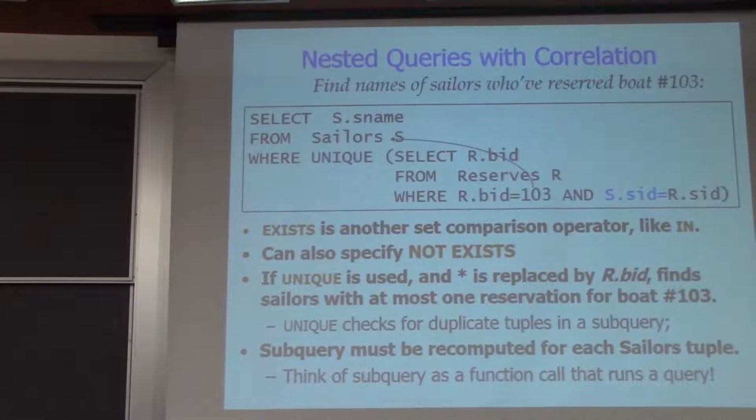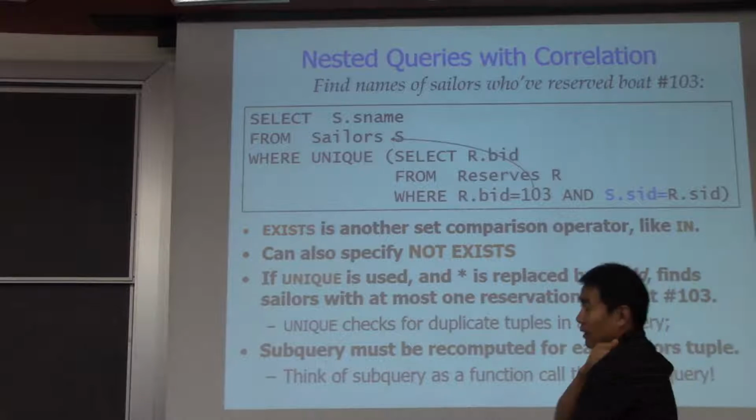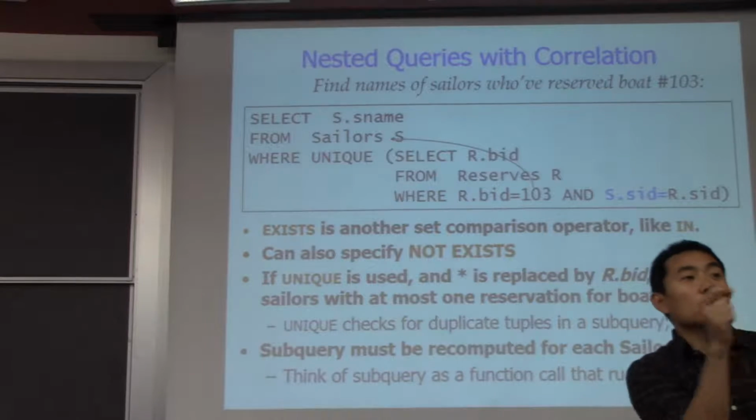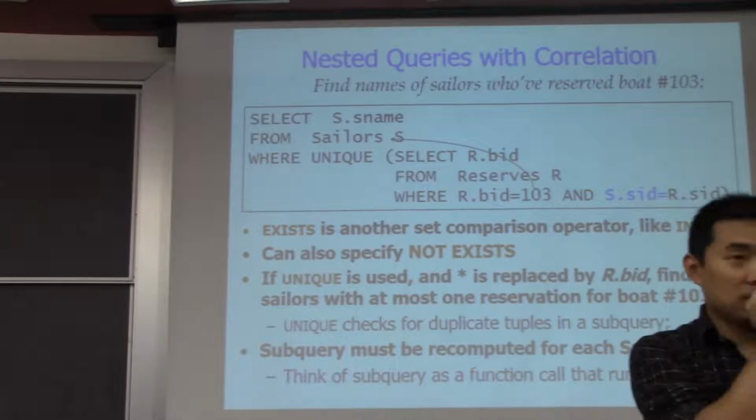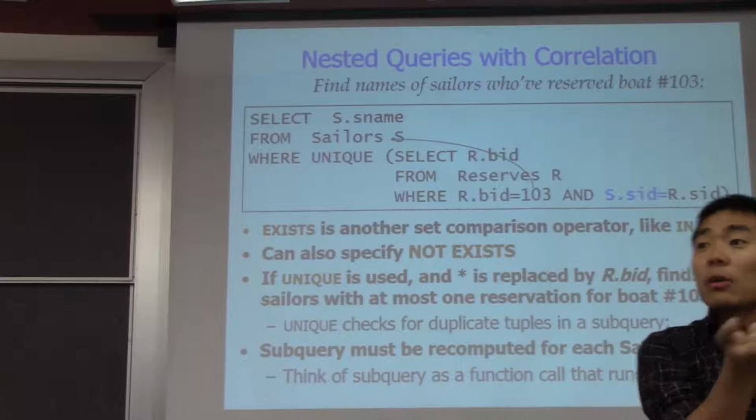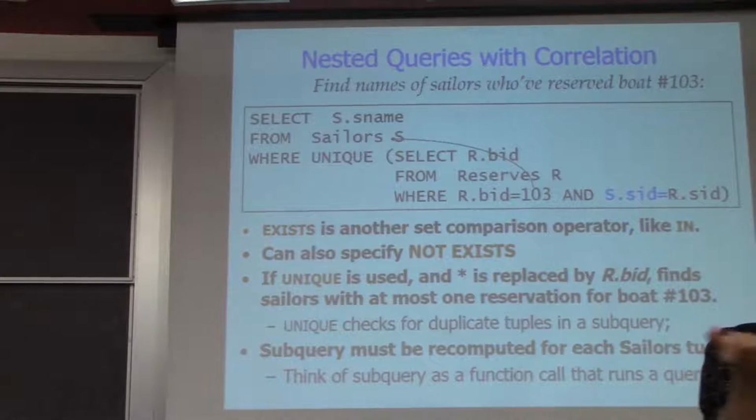If you return a set, it checks for sailors who have reserved that boat only once and not twice. What's your name? Nisha. He's right. Find sailors who reserved this boat only once. Not only once, exactly once.